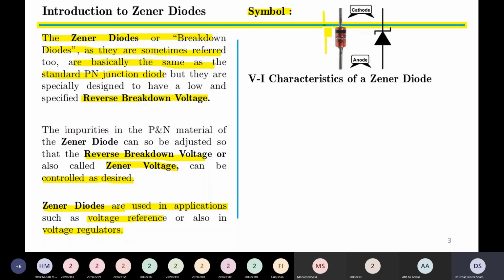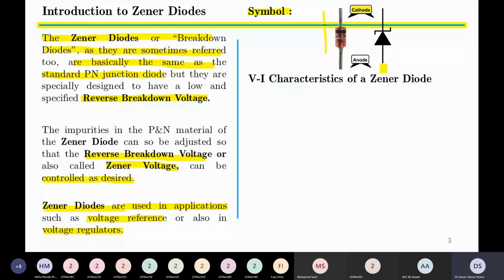This strip will not be available in the center. It will be available towards one terminal. And this terminal that the strip is located near to will always be the cathode terminal. Since there are only two terminals, the black colored strip defines the location of the cathode terminal, and the remaining terminal will be our anode terminal.